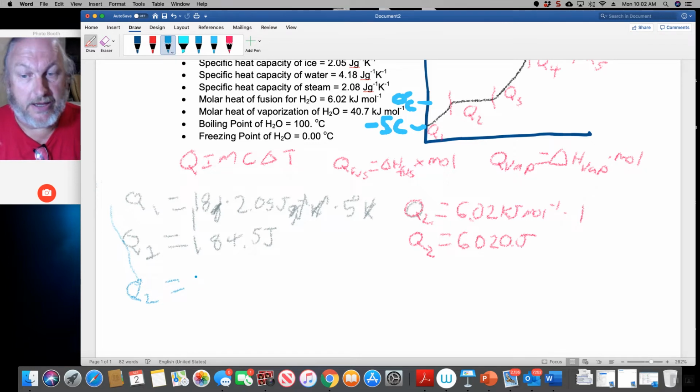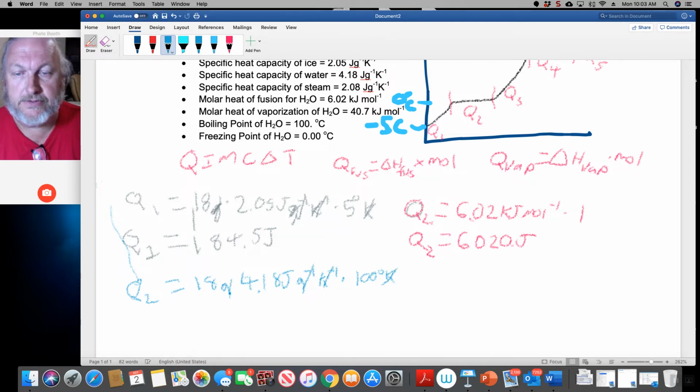Q2 is 18 grams again, because I have not lost mass, times the specific heat of liquid water, which is 4.18 joules per gram per degree K, or really per degree C. And I already calculated my delta T, because I can do 100 minus 0. That's pretty easy.